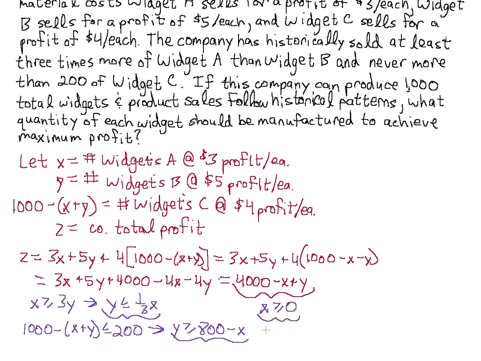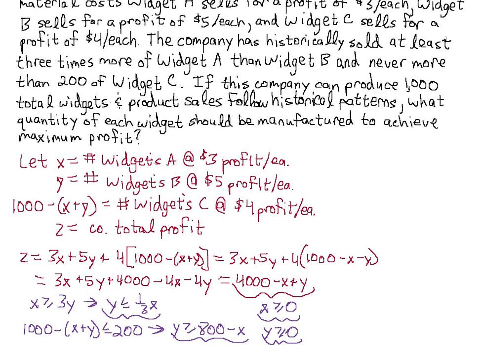We're also going to have y is greater than or equal to 0, because we can't produce a negative number of widget B. Okay, so these are just using a little intuition to come up with these constraints. They're not spelled out, but we can't produce a negative number of these widgets.